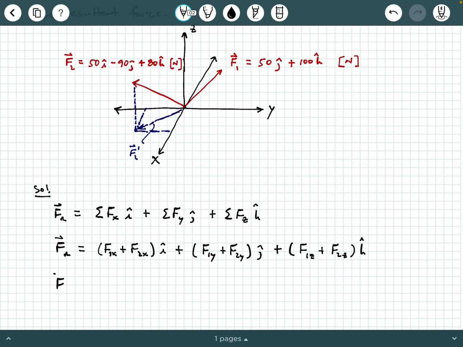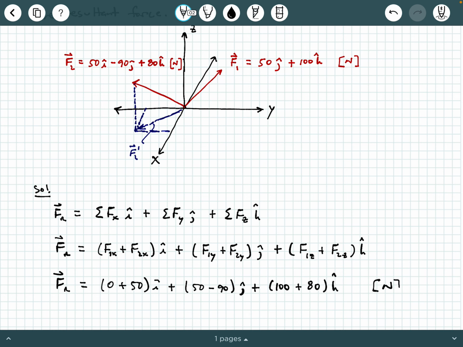So when we write this out, FR is going to be 0 plus 50 i, plus 50 minus 90 j, plus 100 plus 80 k.